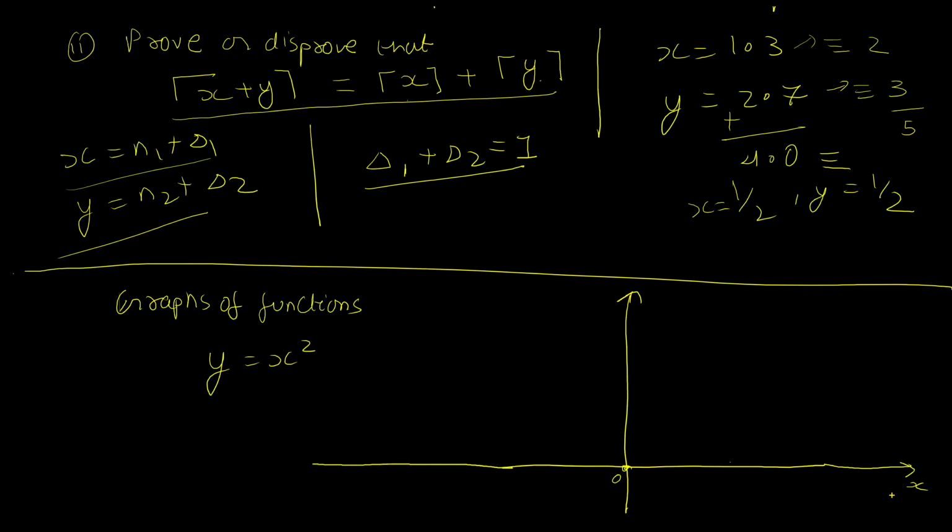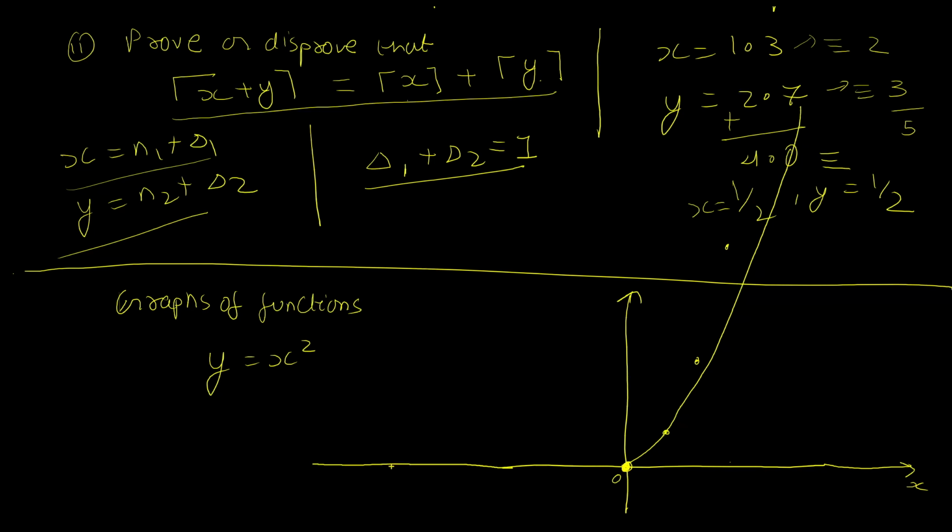So if I take my x to be a 0, y would also be 0 because 0 squared is 0. 1 squared would give me a 1, 2 squared would give me a 4, 3 would give me a 9, and so on. So it would be an increasing curve, and the farther you went right, the faster it would increase because every time we are squaring bigger numbers, right? So this helps me visualize what this function would actually look like.